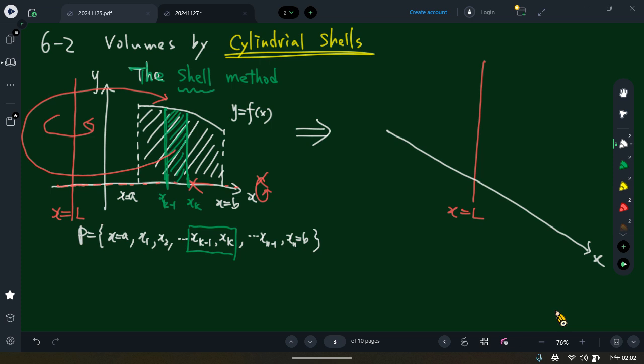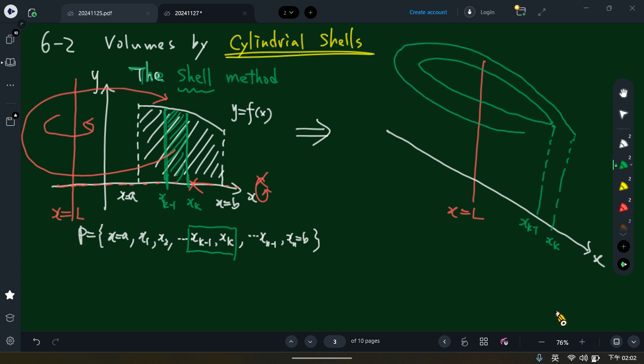After we rotate this small portion, from s_{k-1} to s_k, we get this shell. You can see this is just like a shell.